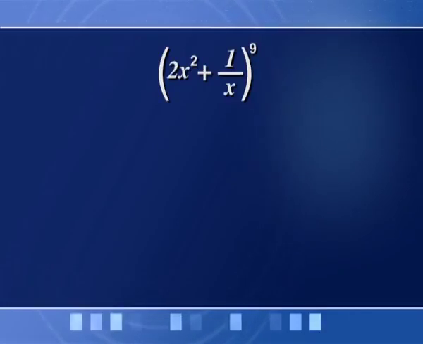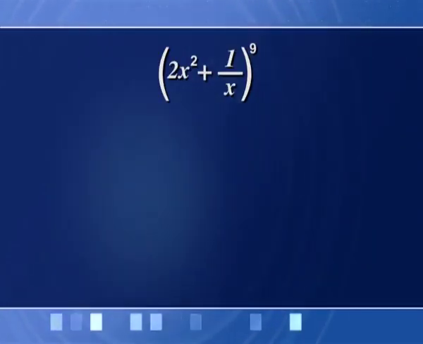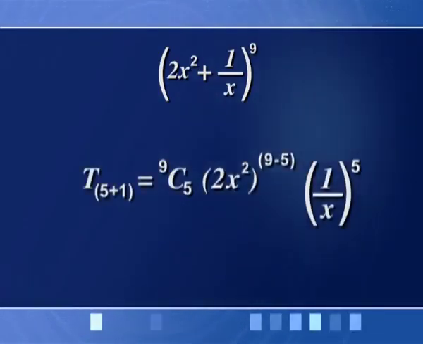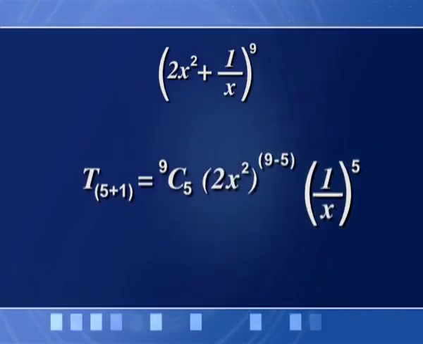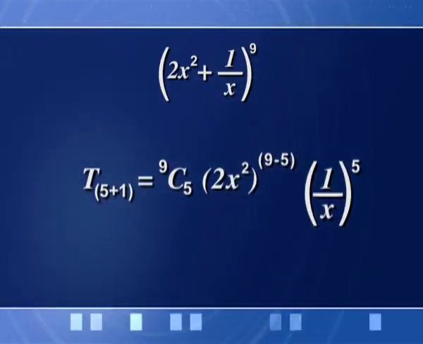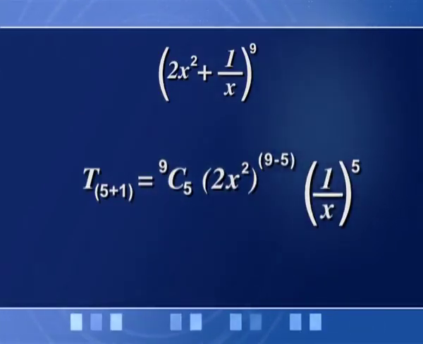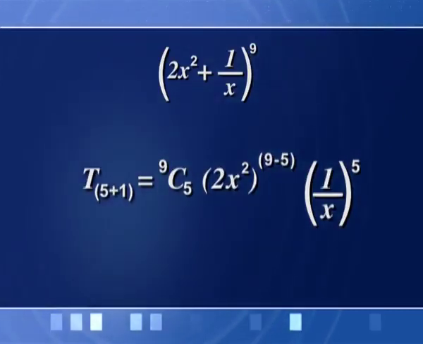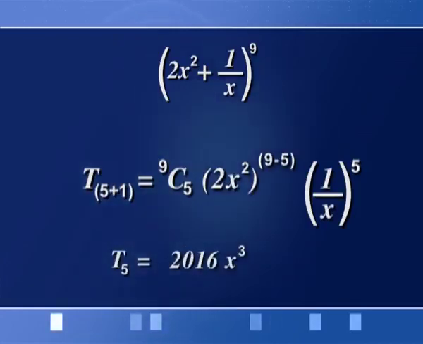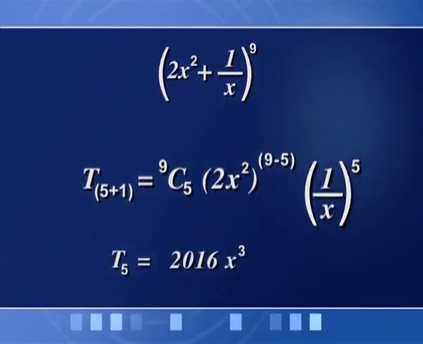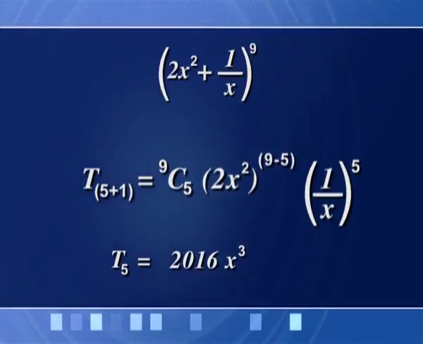So putting r equal to 5 in the formula of general term, we will get T(5 plus 1) equal to 9C5, (2x square) raised to the power 9 minus 5, (1 by x) raised to the power 5. On simplifying this, we will get the value 2016 into x raised to the power 3.